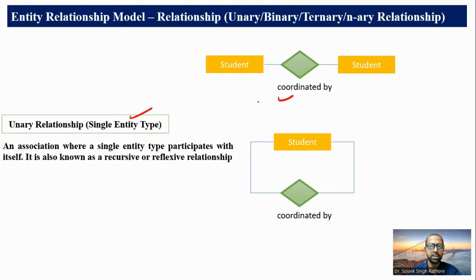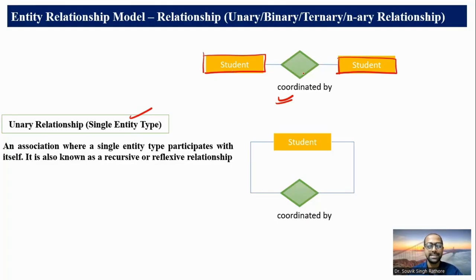Only one entity type is involved, that is student. At first glance you may think that there are two student type entities because the word student is appearing twice, but it is not correct. There is only one entity type called the student entity type. We can conceptually say that student coordinates student.